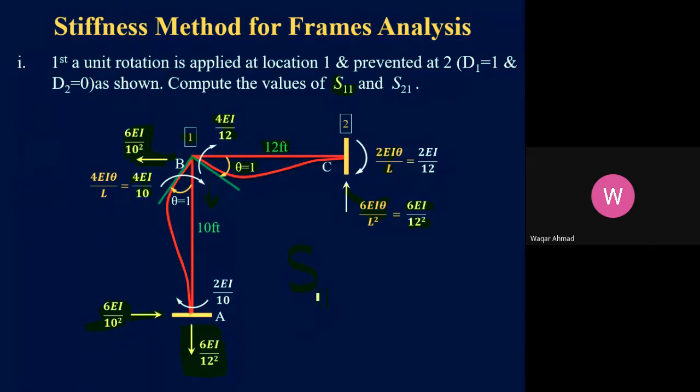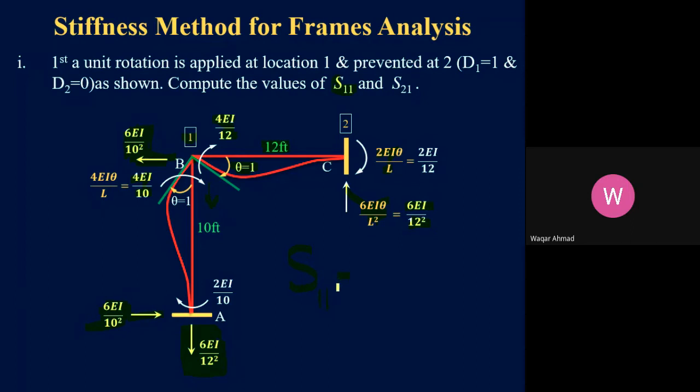This first value gives you that location. And the second value gives you the location where your unit displacement is applied. So where is the unit displacement applied in this case? The unit displacement is applied at location 1. These are our two coordinates, coordinate number 1, coordinate number 2. So S11 means the fixed end actions at coordinate 1 due to displacement applied at coordinate 1.